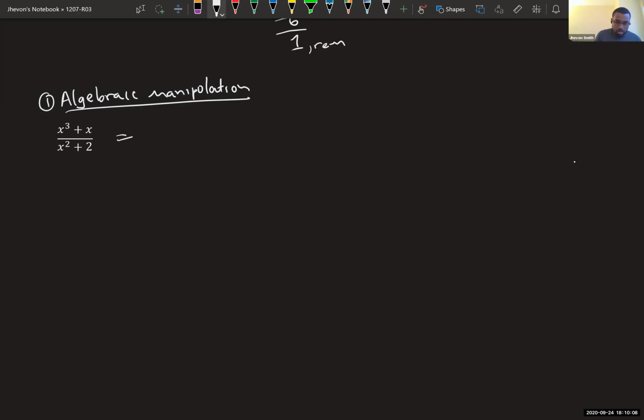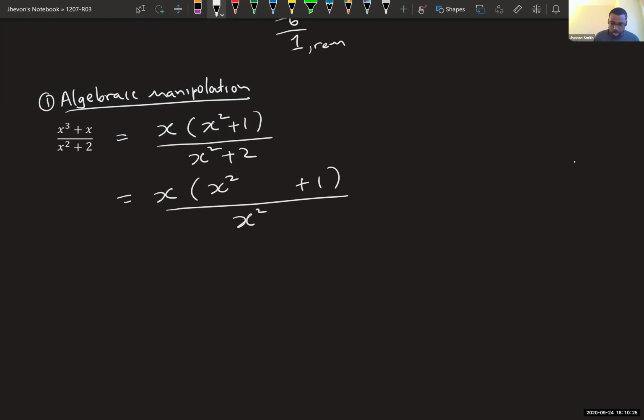what I can do is I can factor off an x. Then I can do that trick I told you about earlier in the numerator. So I can add 2 and subtract 2.